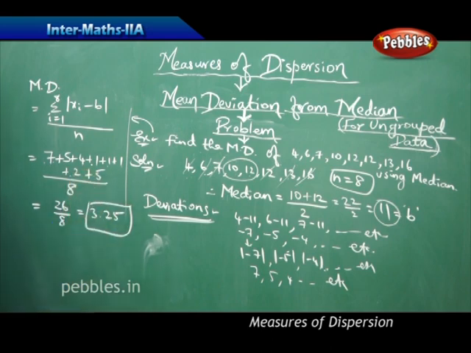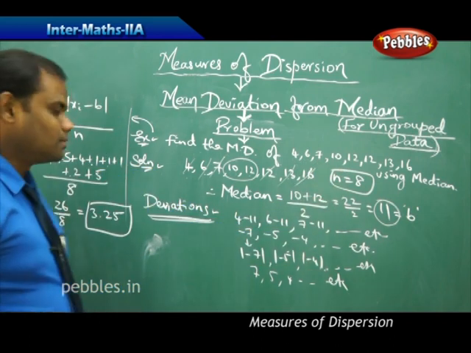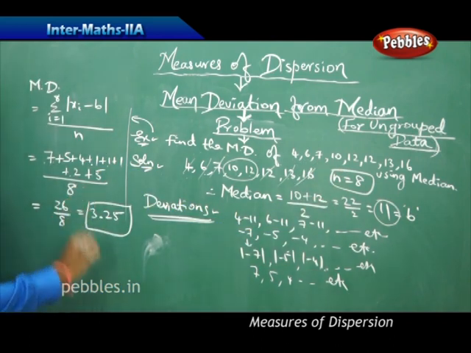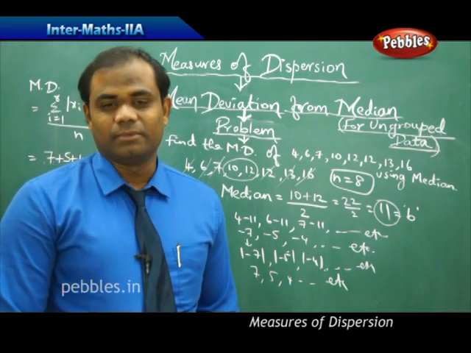That is, the mean deviation of this data using the median is 3.25 as obtained in the answer. This is how we understand finding the mean deviation through median.